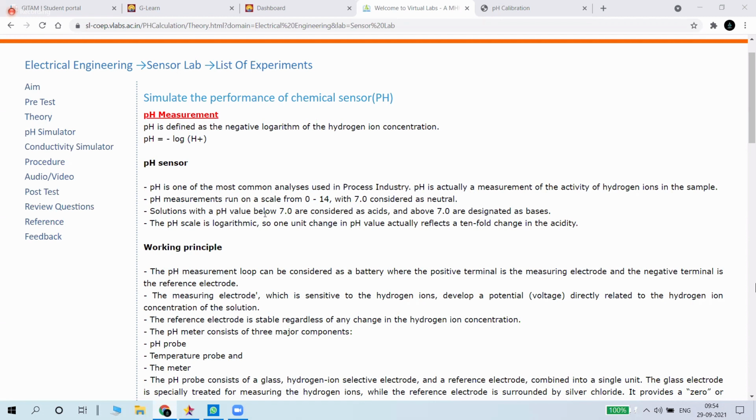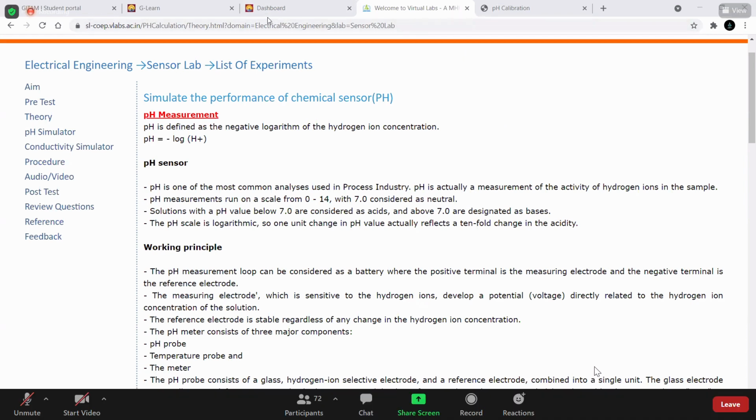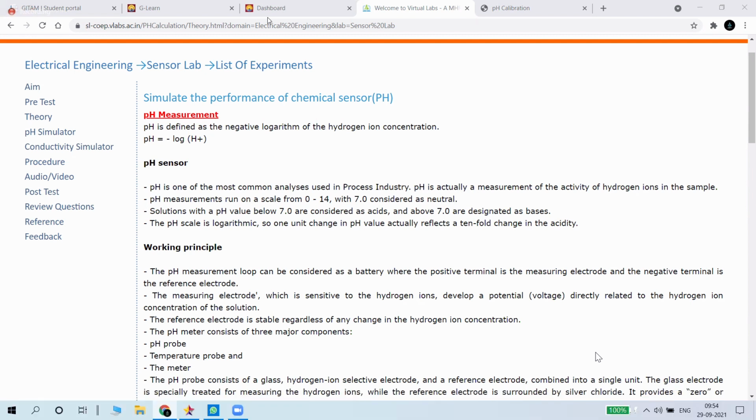Solutions with a pH value below 7 are considered acids and above 7 are designated as bases. Then what is the pH value of distilled water? 7, sir. And if I give you an acid, what will be the pH value of acid? Below 7, sir. Just stop sharing.